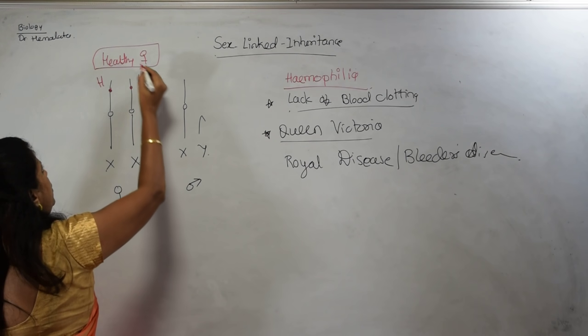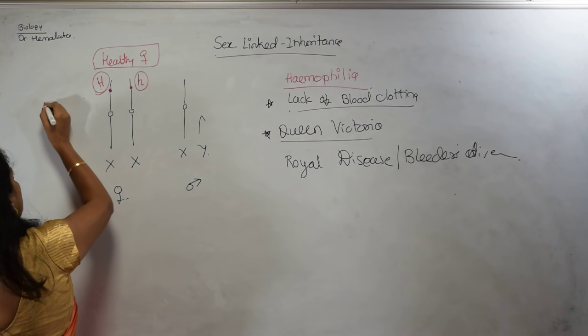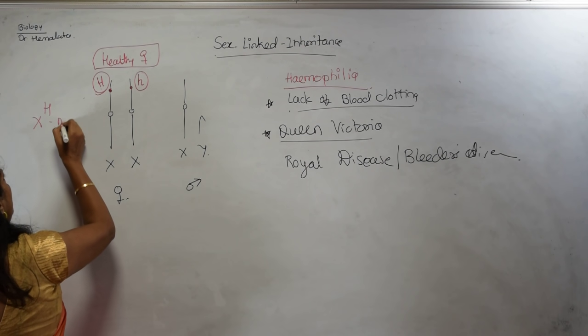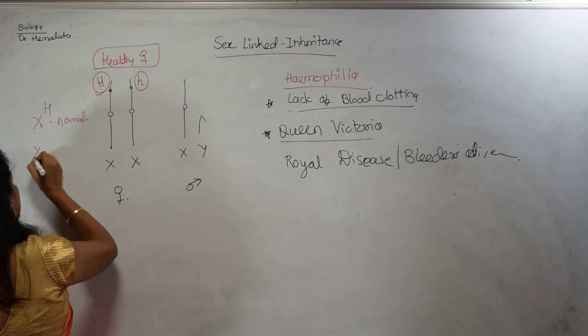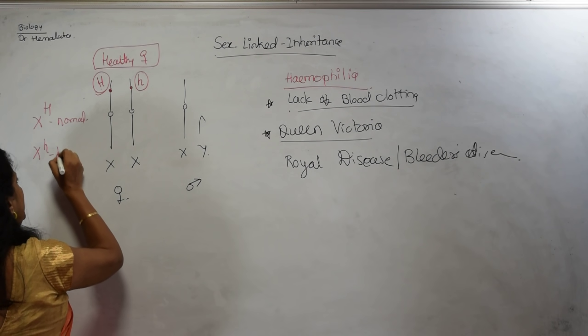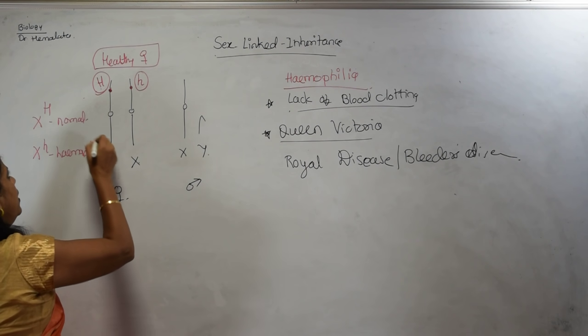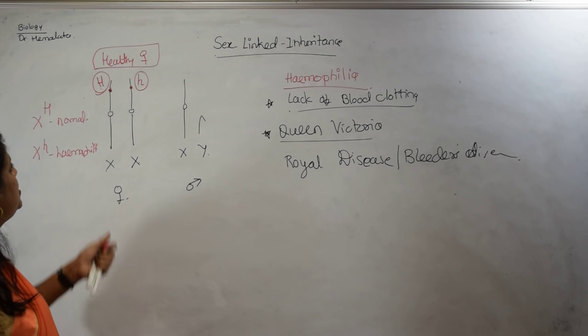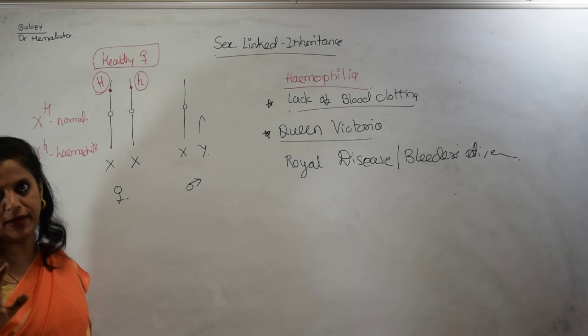Because, as I always told you, diseased genes are recessive to normal genes. So capital H on X is a normal or healthy gene. X with small h is a hemophilic gene. Okay? Such females will not show any hemophilic character.